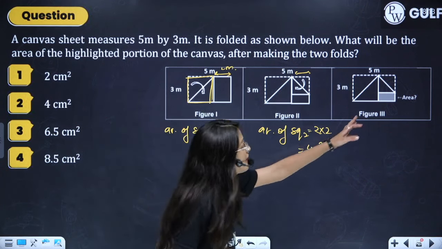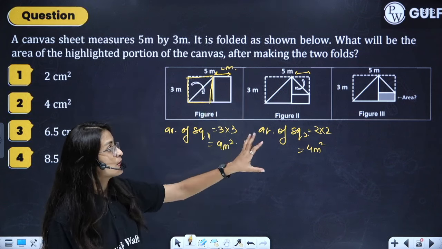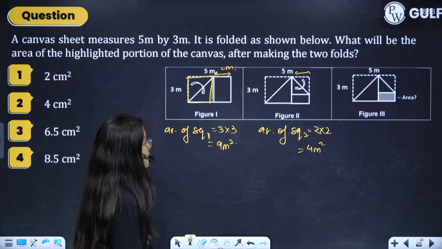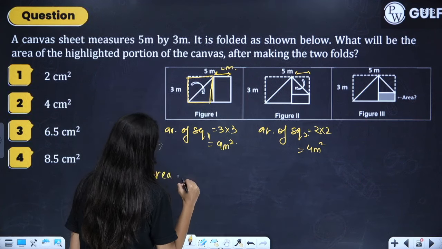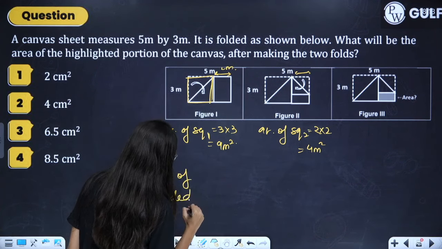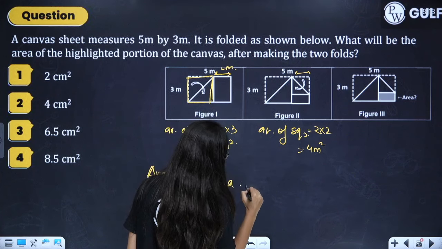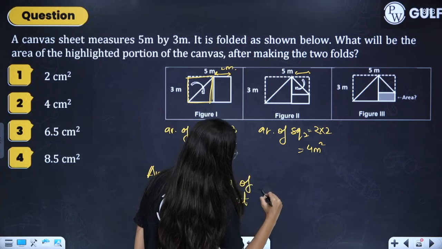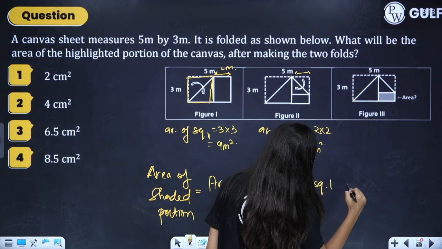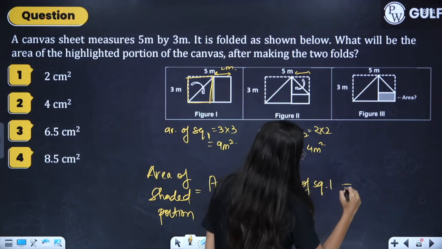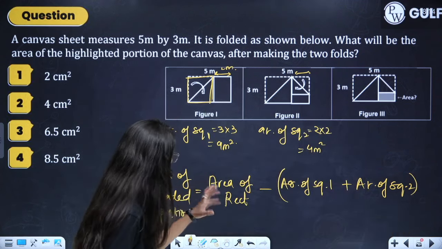Right. Now to find this area, what can I do? I'll subtract both the areas from my bigger rectangle, which is 5 cross 3. Area of portion equals area of rectangle minus area of square 1, or I'll do area of square 1 plus area of square 2, subtract it from the area of rectangle.